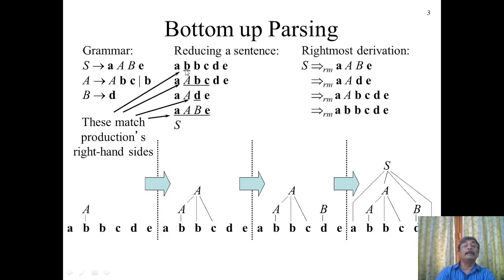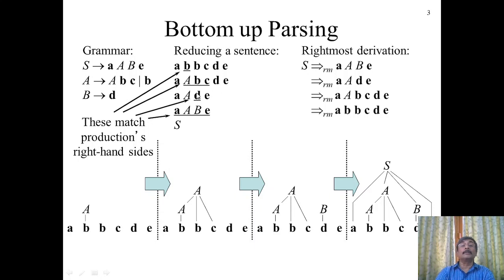For example, in this sentence, the handle is this b, not this b, not anything else but this b, because once this b is replaced by this capital A, I go to the previous sentential form from the last sentence. Now from this sentential form back to the previous one, we need to replace this ABC by A. So this ABC is the handle in this sentential form.